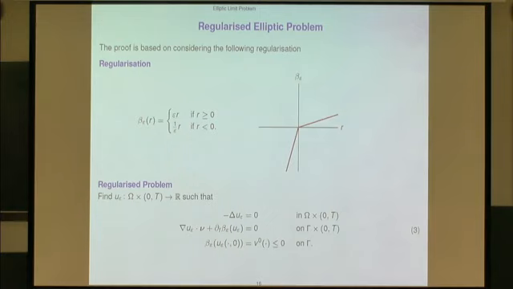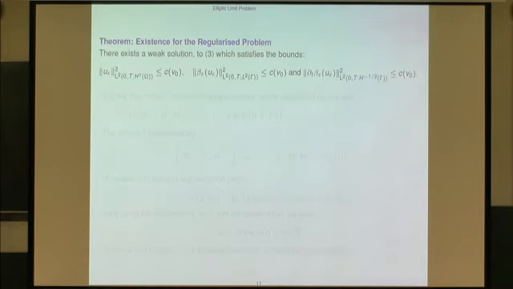And the idea behind the proof, it's just a sketch, is that we consider this regularization of beta, this function beta epsilon, which is now single valued and monotone, and then my epsilon problem is given by this guy here. And then for this epsilon problem via a Galerkin argument, you can show the existence of a weak solution which satisfies these bounds: L2H1 for u, L2 for beta epsilon of u epsilon, and L2H minus a half for the time derivative of beta epsilon of u epsilon.